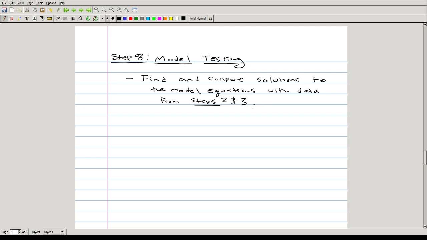This is where we really get to test our mathematical model that we've created and see if it actually applies to reality and if it actually works.